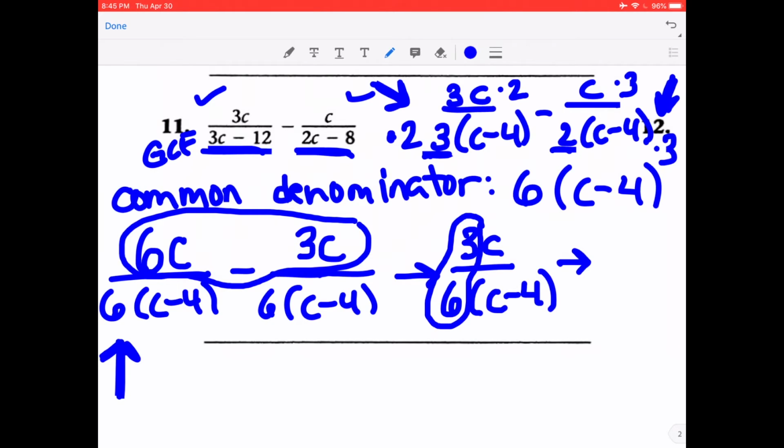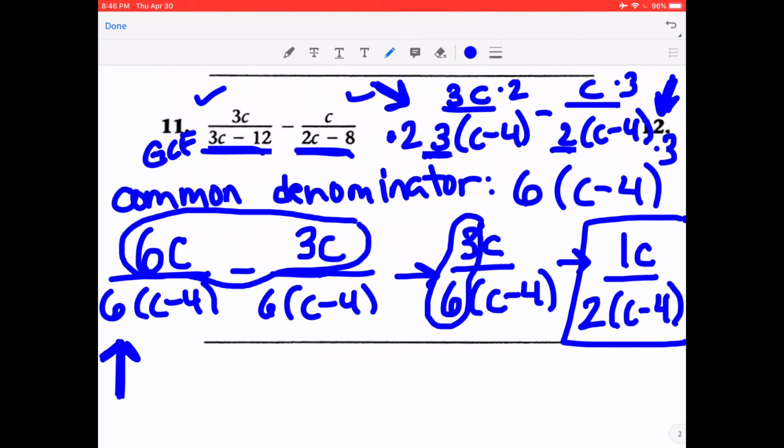Just like any fraction, it can become 1/2. So 1c over 2(c minus 4). Okay, guys? So this would be our final answer. And keep in mind that a lot of times that 1 will be invisible. Okay? So there is the work for number 11, and we are going to do the work for number 12.